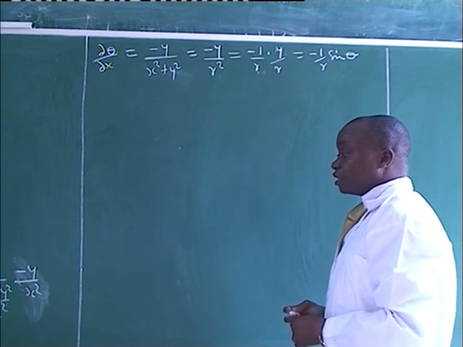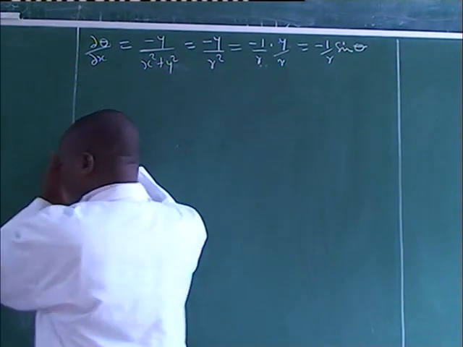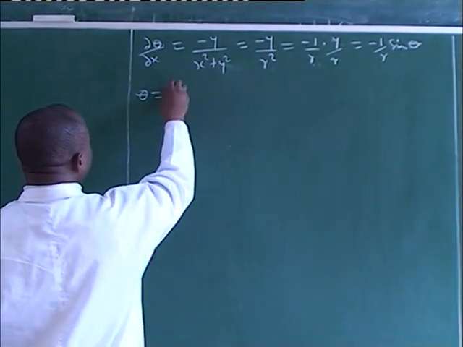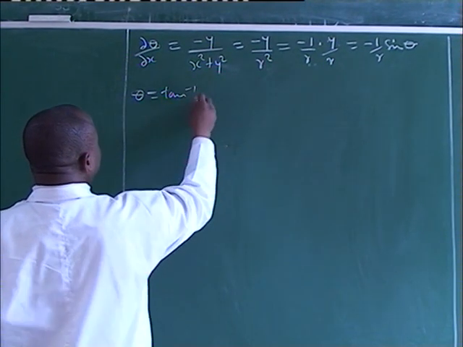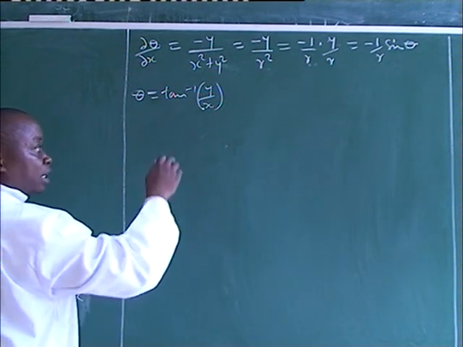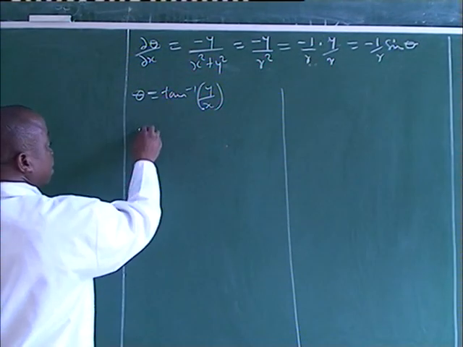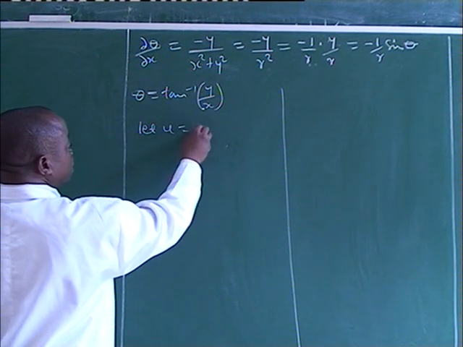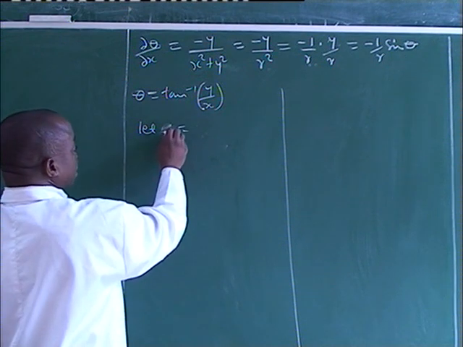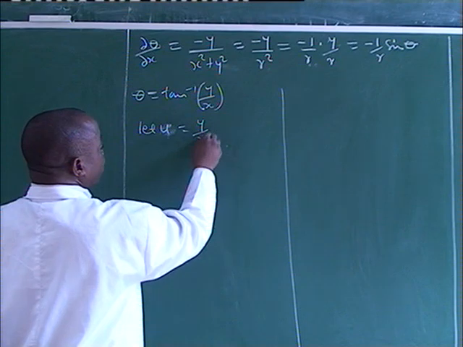Then we can also find partial theta partial y. Now, we know that theta equals tan inverse of y over x. Okay, now let me show the full working of this one. Let u be equal to y all over x.